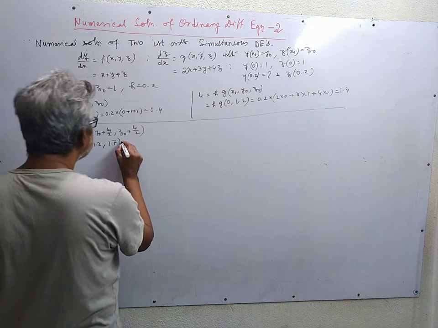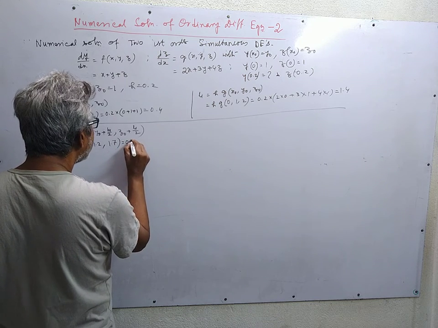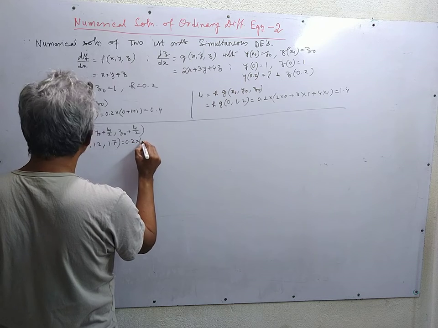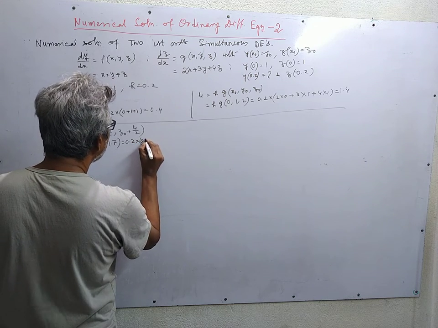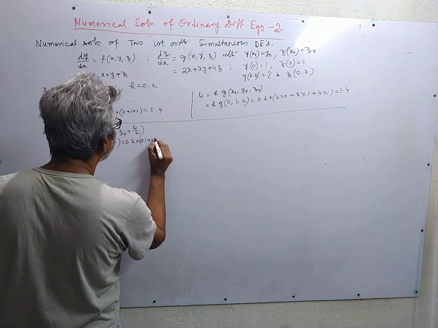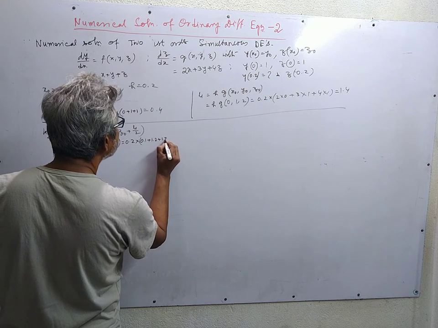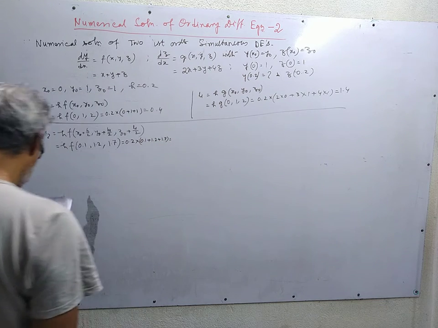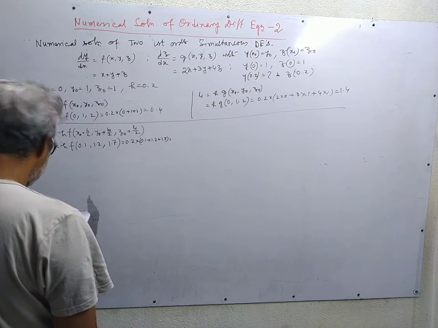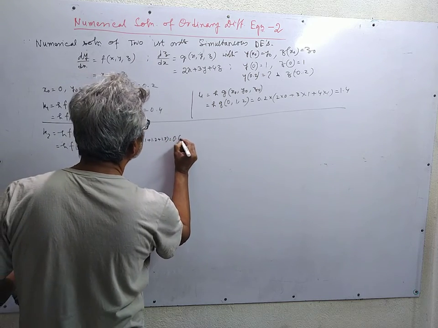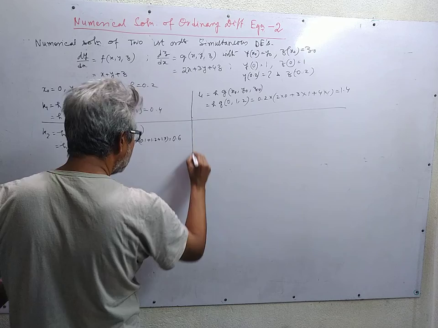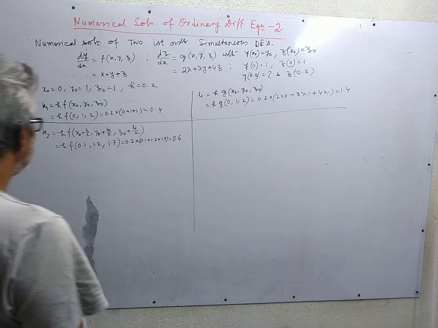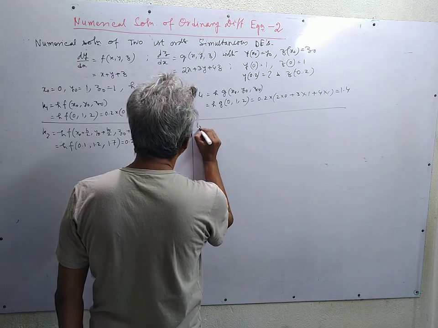So the value is 0.2 multiplied by 0.1 plus 1.3 plus 3.1. Now L2.